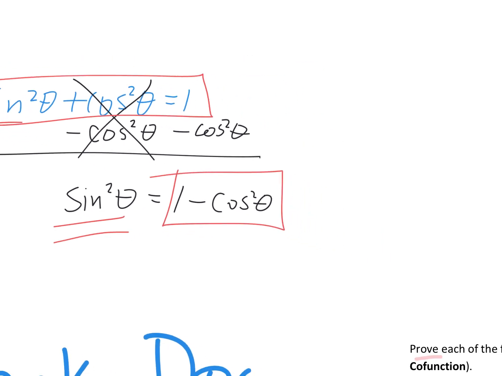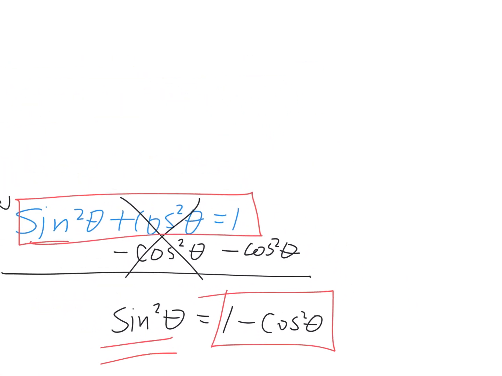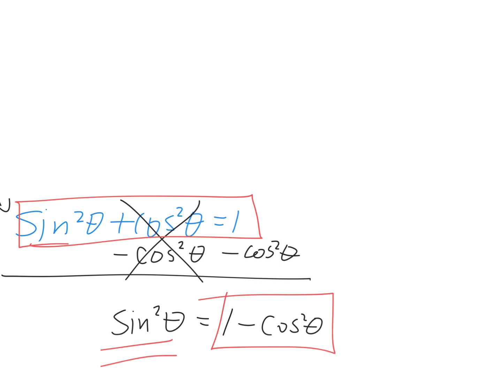All right, one more like that. Would everybody please take the same exact equation, sine squared plus cosine squared equals 1. I know it's a bit of a pain. I asked you not to take notes earlier so you don't get fatigued. And now this time subtract sine squared from it, and you'll get another fact that you can use on the test.